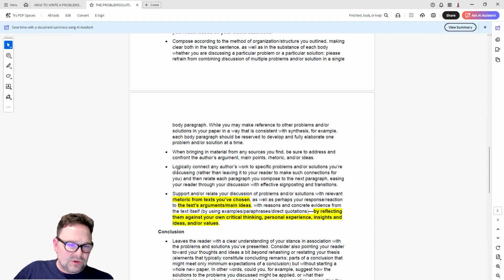There are a number of ways you can do it, but if you start to notice particular rhetorical strategies or techniques in and among your sources, that'd be a great thing to write about.